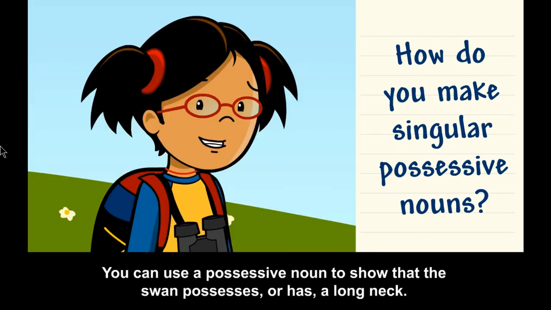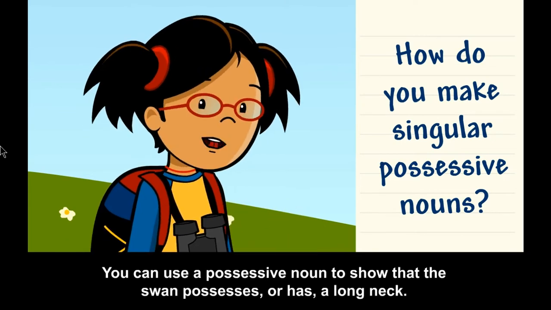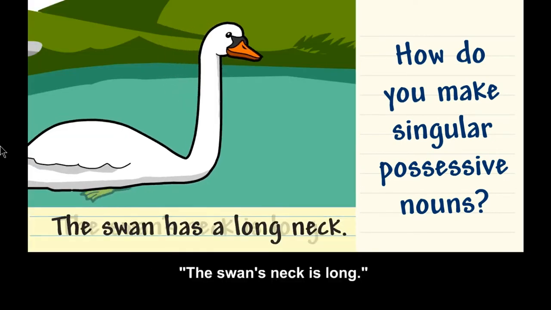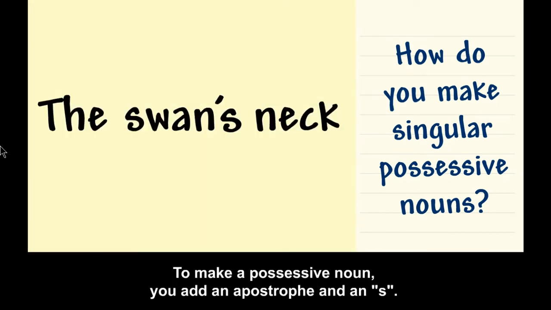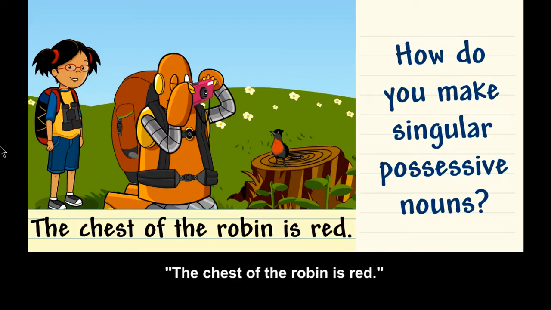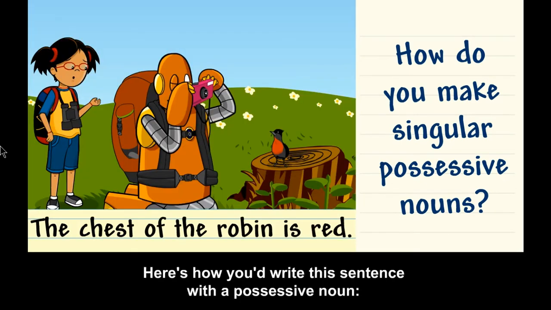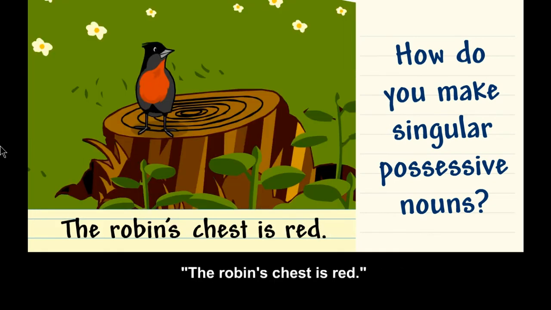You can use a possessive noun to show that the swan possesses or has a long neck. The swan's neck is long. To make a possessive noun, you add an apostrophe and an S. The chest of the robin is red. Here's how you'd write this sentence with a possessive noun. The robin's chest is red.